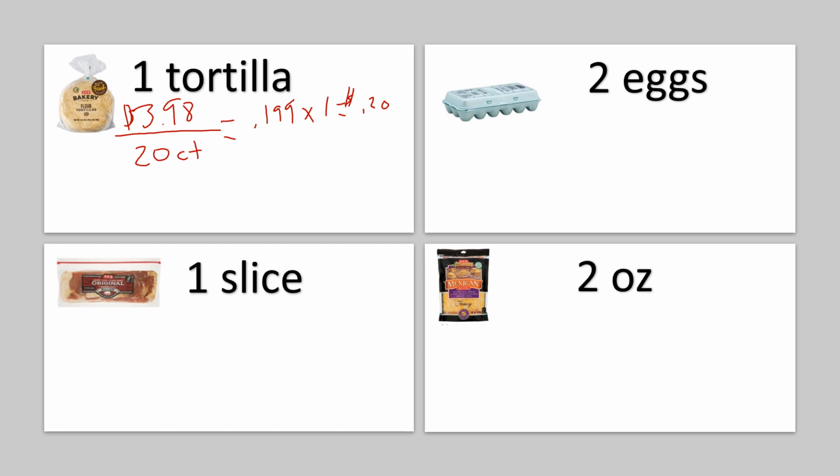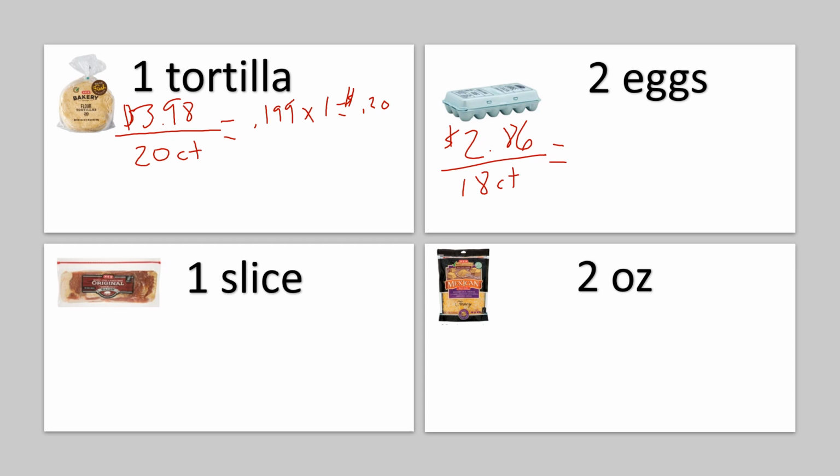Let's go to our eggs. Okay, now our eggs, if you recall from the previous slide, we have $2.86 per 18 count. So this is not per dozen, this is per 18 count.